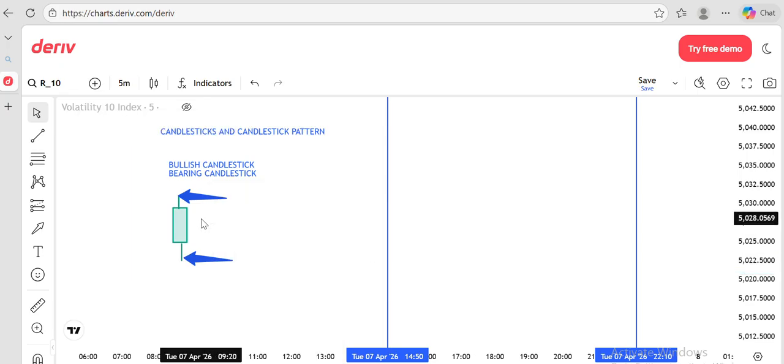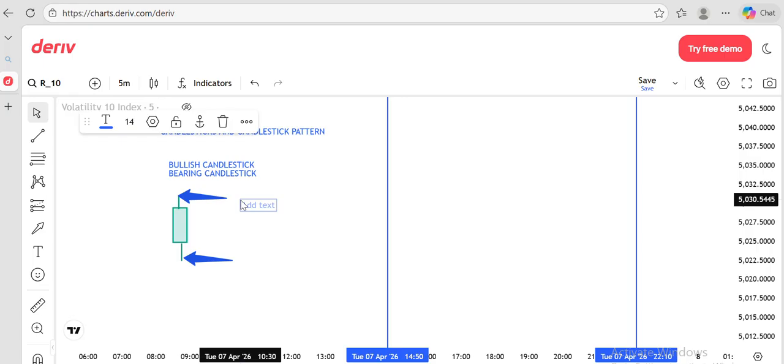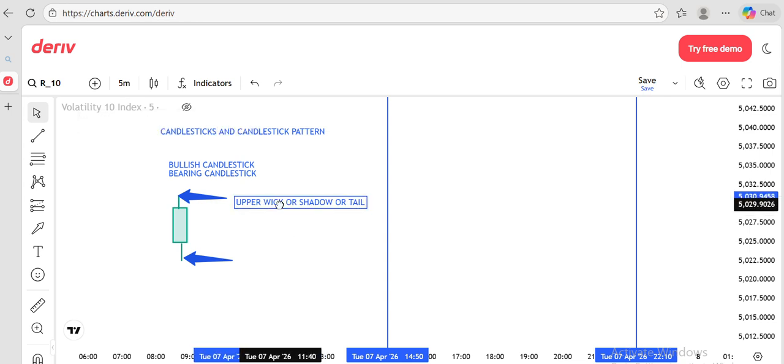Now let me label that. I plan to make this class very explanatory, so that anybody that picks up this video will be able to understand. Upper wick, or sometimes it's called the upper shadow, or some people call it the upper tail. Any of these things, you don't need to cram it, just understand the concept.